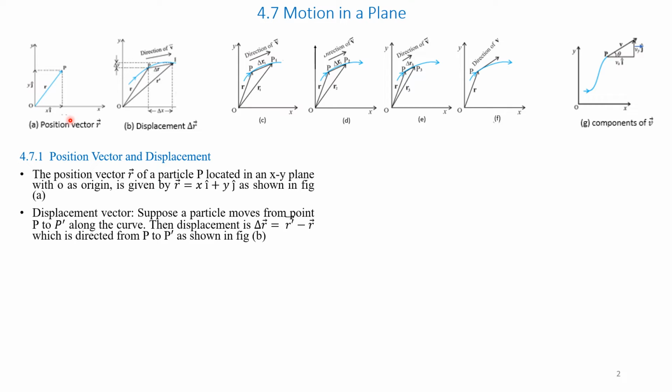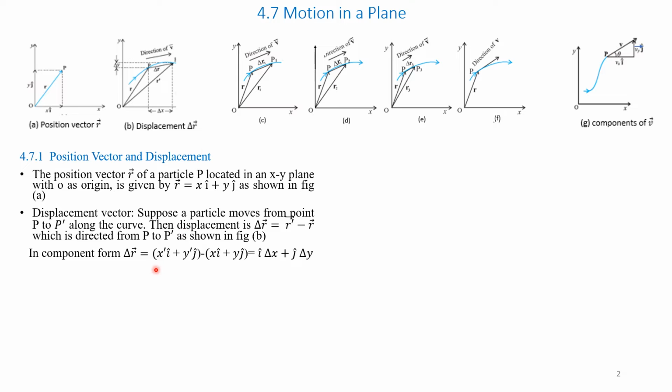The displacement vector is shown in figure B, and in this case the particle has moved from point P to point P dash. The coordinates of P dash are x dash, y dash. So the displacement delta r, the distance between P and P dash, is given by the difference of position vectors r dash and r. That is, delta r equals r dash minus r, which is directed from P to P dash.